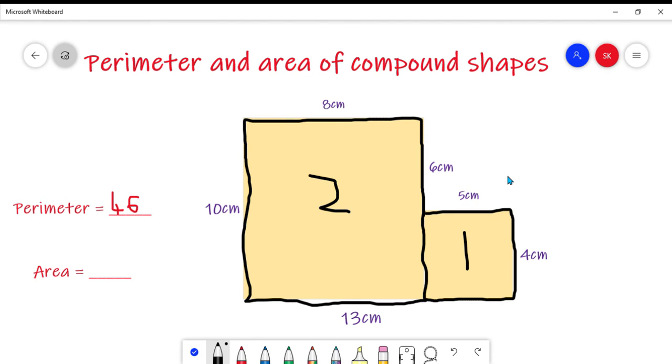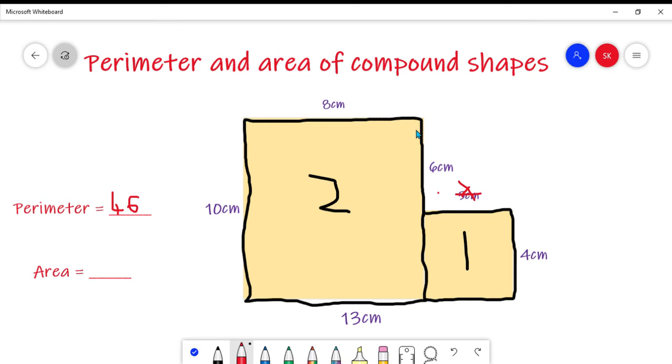So in my examples, I actually don't have any measurements missing. I've kept all the measurements here, but sometimes they might not give the measurements. So say we get rid of this and just pretend for now that we don't know what this is.